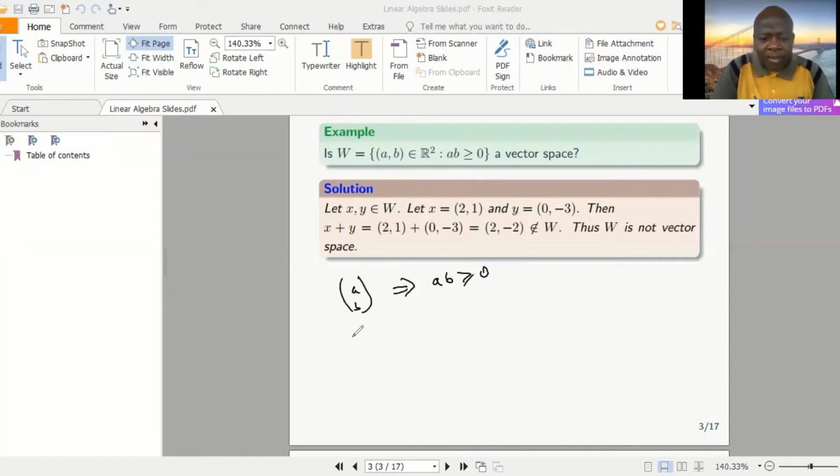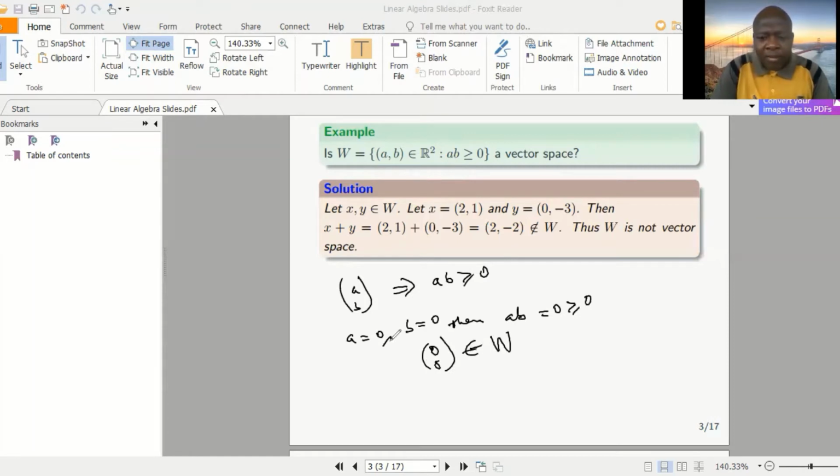If A was 0 and B was 0, then AB would be 0. And so this set has the 0 vector. So this condition is satisfied because this would be greater than or equal to 0. So the 0 vector is in W.